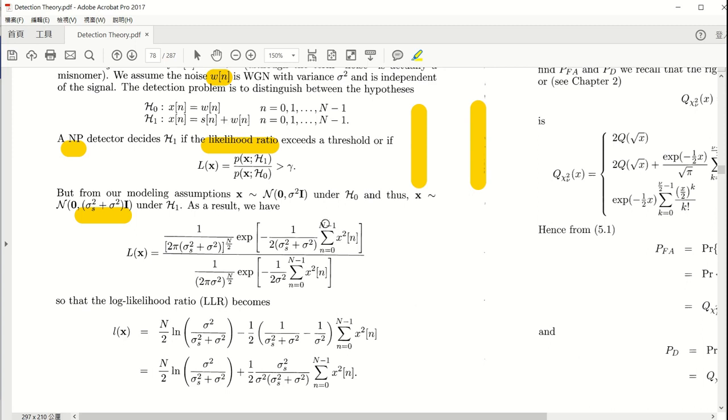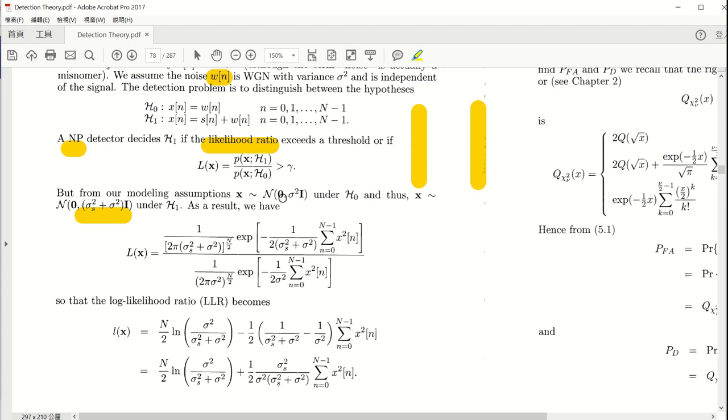And where does this come from? Think about how you write this multivariate Gaussian random variable. Recall in chapter 2, we have discussed the multivariate Gaussian. This is a vector version of the random variable.